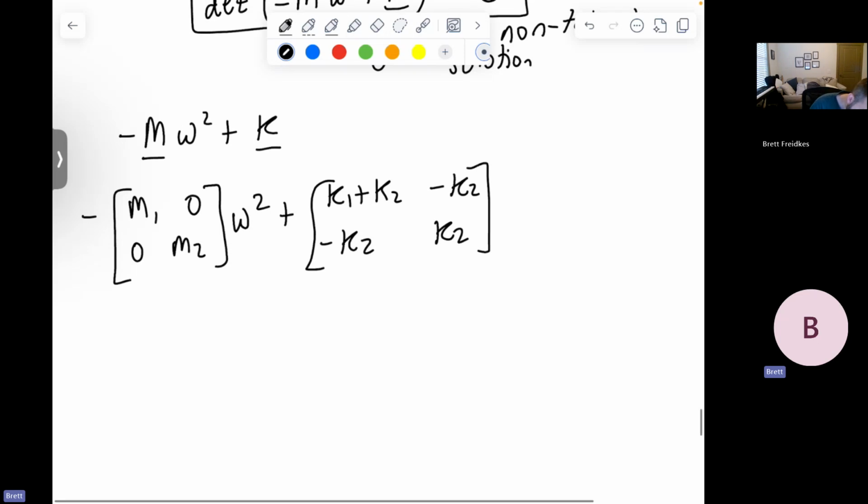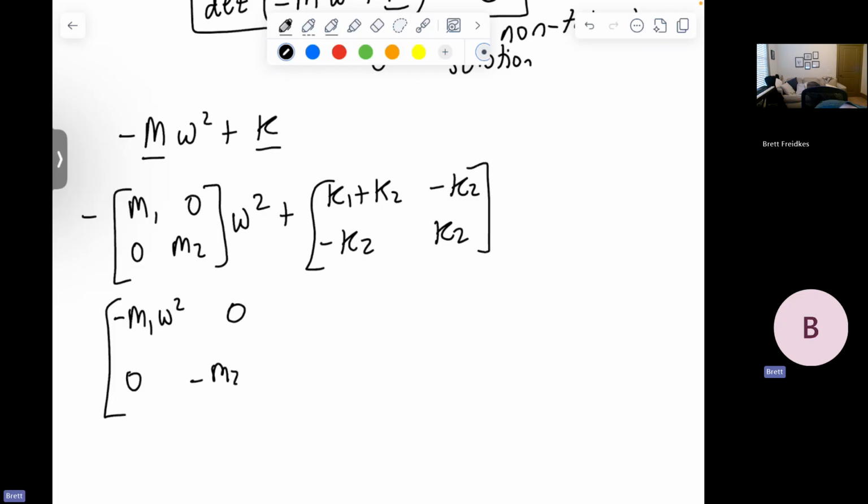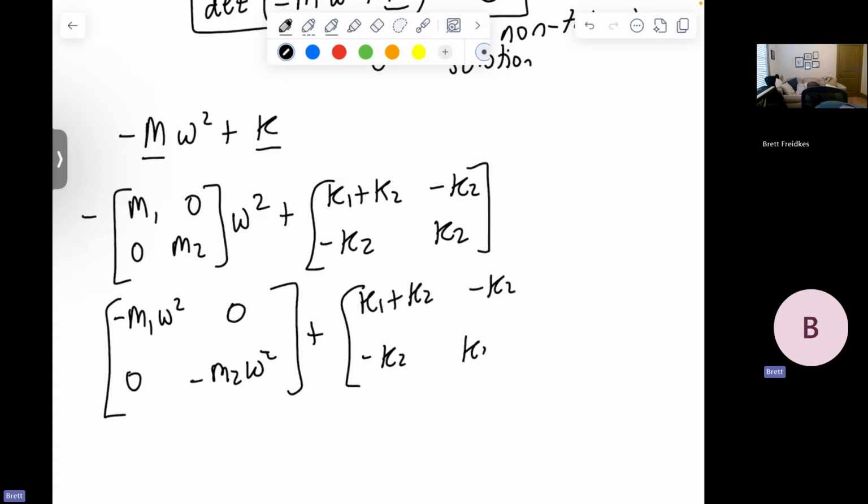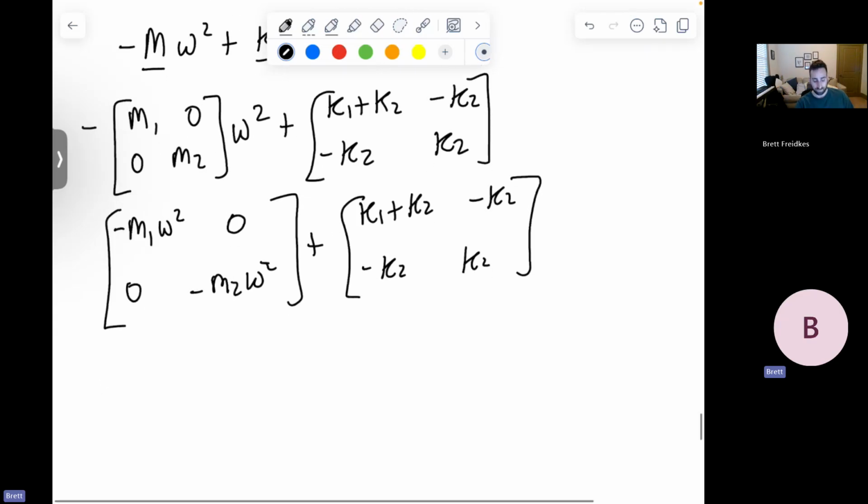Omega squared distributes to those, so this is going to be negative M1 omega squared, 0, 0, negative M2 omega squared, plus K1 plus K2, minus K2, minus K2, K2.